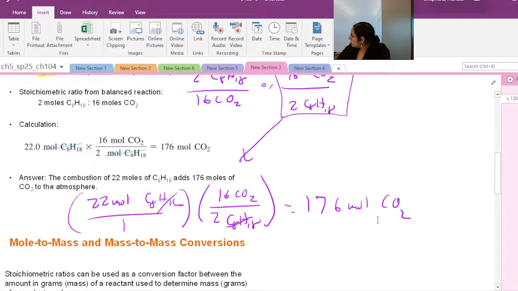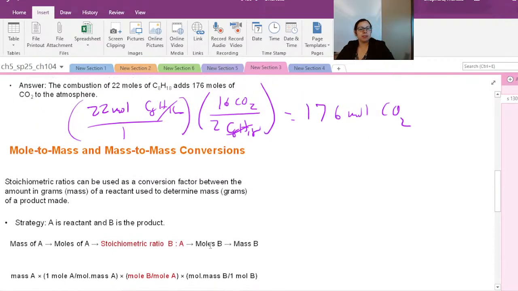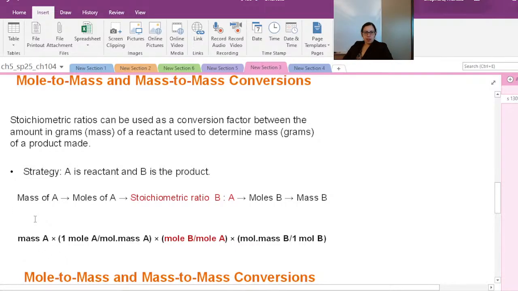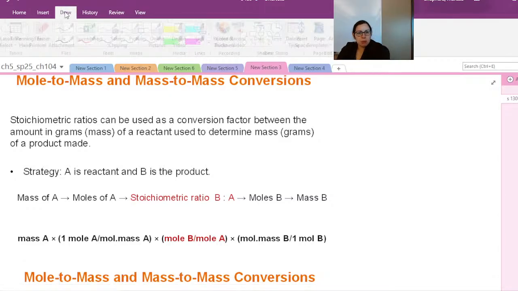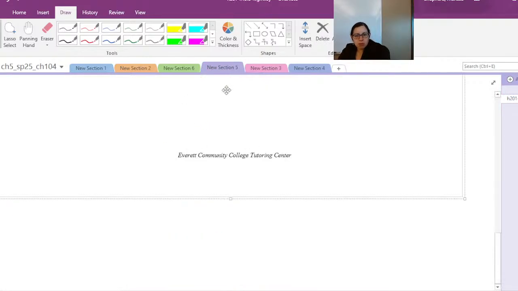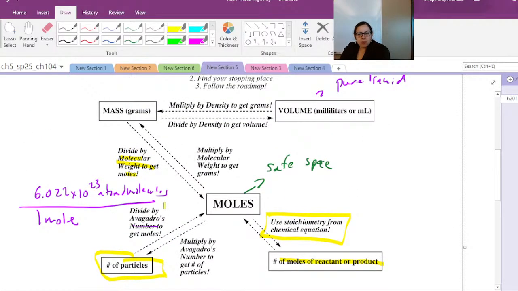Again, ask questions on this, but it is just a lot of practice. This is outlining our strategy and how these problems typically go, which is what we were practicing with our marshmallow stoichiometry. Usually you're given some mass of something, as we did with our marshmallows and graham crackers. We started with mass and converted to moles, which is where the mole highway is useful.